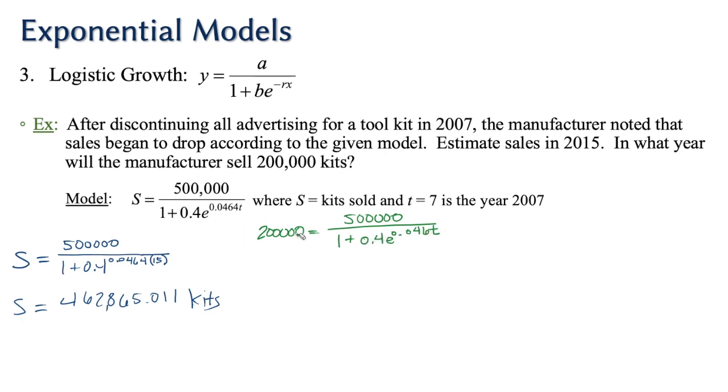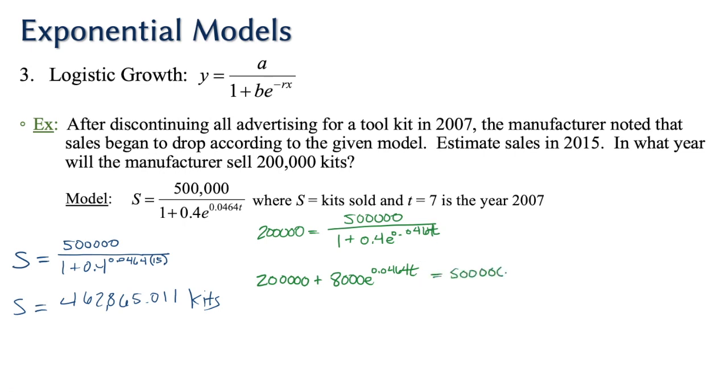I distribute the 200,000 to both pieces. That gives us 200,000 times 1, and then 200,000 times 0.4, which is 80,000, multiplied times e to the 0.0464t. I forgot a 4 up here, we'll fix that. And this equals our 500,000.